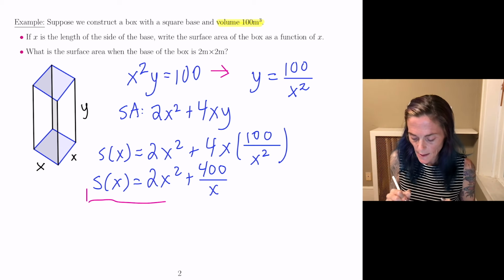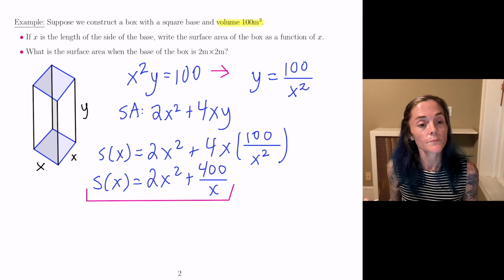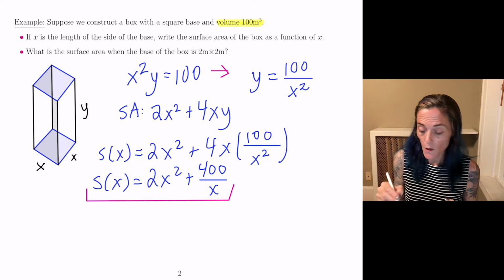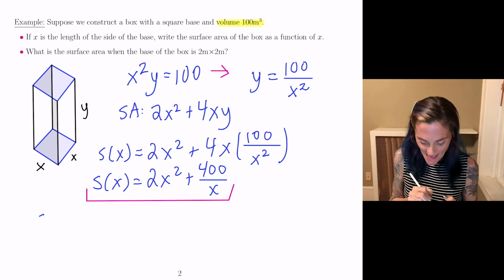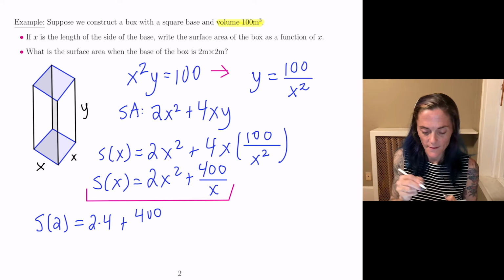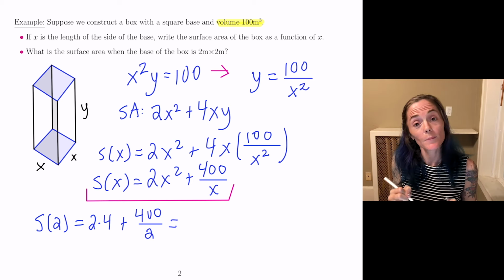Now we have this second part. What is the surface area when the base of the box is 2 meters by 2 meters? Well, we want S of 2. This would be 2 times 4 plus 400 over 2. So we have 8 plus 200.